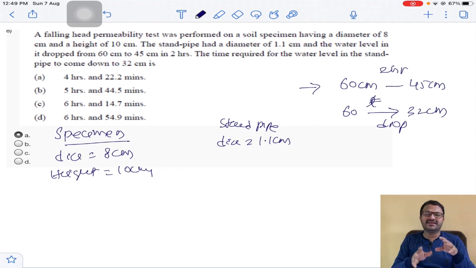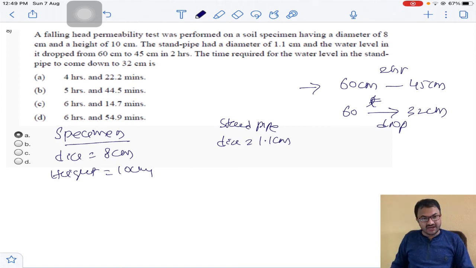So he has given sample dimensions and stand pipe dimensions, and asked us to calculate the time required to drop from 60 centimeter to 32 centimeter. He has given some more information: the stand pipe took 2 hours for a drop from 60 centimeter to 45 centimeter. Now how much time will it take to drop from 60 centimeter to 32 centimeter? Obviously it will be more than 2 hours.